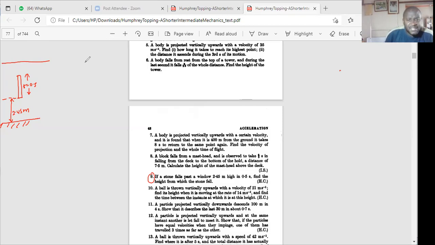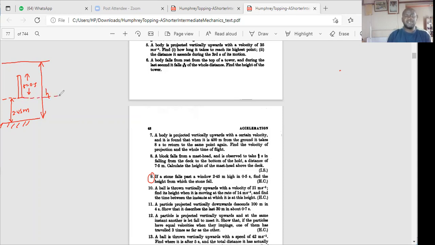Now, according to this number, they have said a stone falls past a window 2.45 meters high in 0.5 seconds. Find the height from which the stone fell. It's coming down. We are asking ourselves, what height did the stone come from?